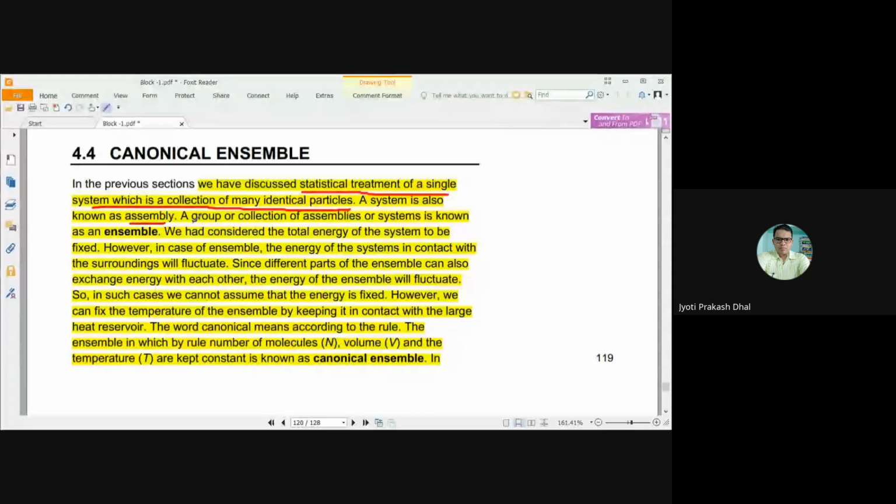A system is also known as an assembly. Again, a group or collection of assemblies or systems is known as an ensemble.